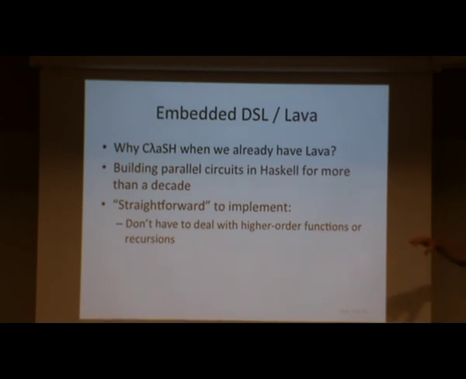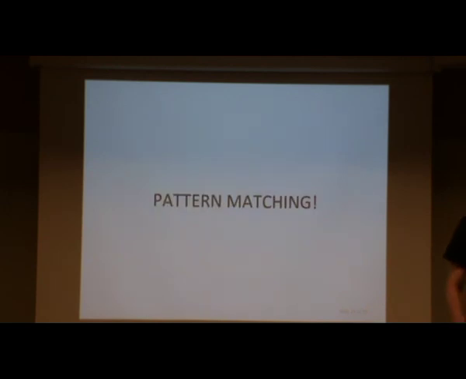Also, my compiler has to deal with recursive functions and higher order functions, but in a DSL, Haskell's evaluation mechanism takes care of it, so you don't have to deal with it in a compiler. But for circuit design, the most important reason why you would want to use static analysis in a normal compiler like CLaSH is because you want to have pattern matching as a way to specify the operations of your circuit.